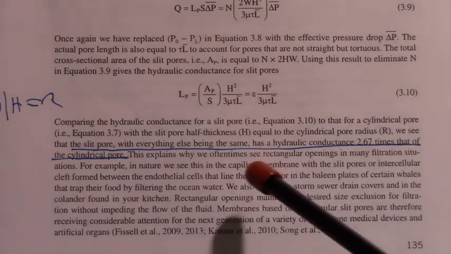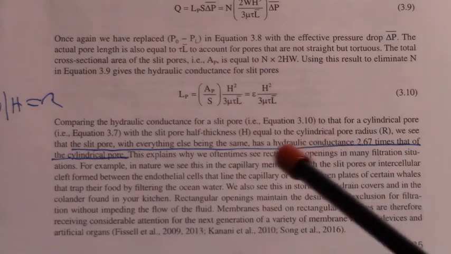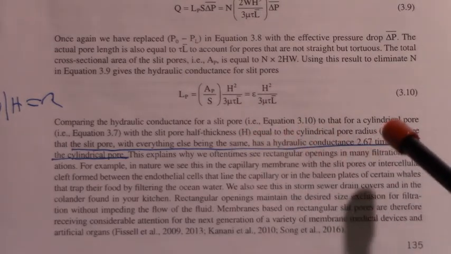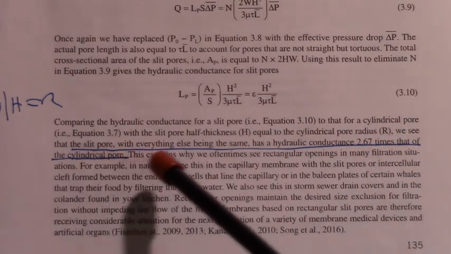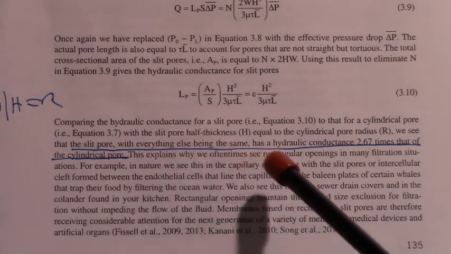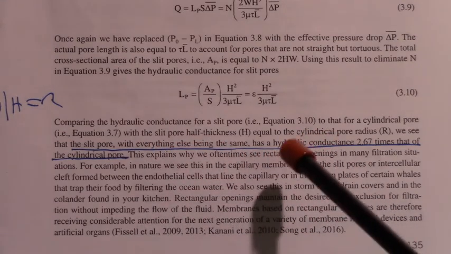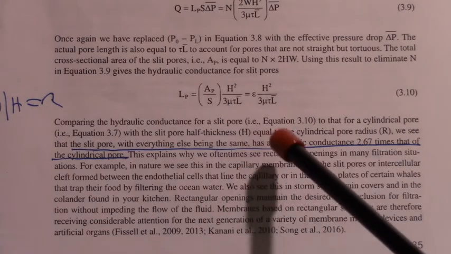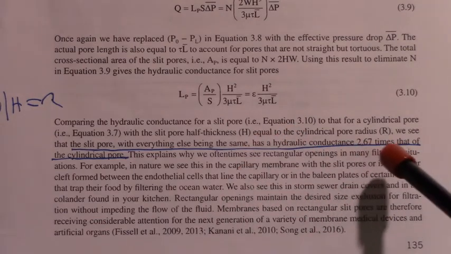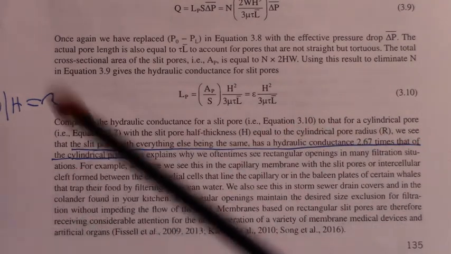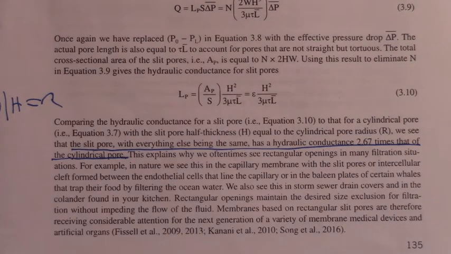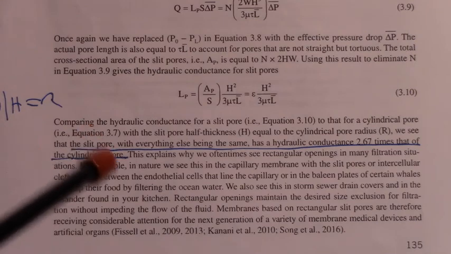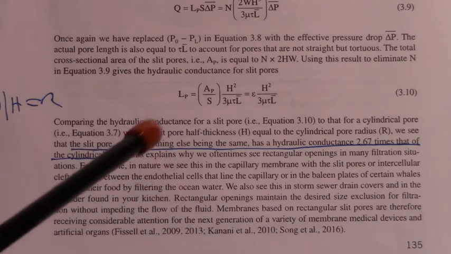And then if you had everything else the same, pressure drops and everything, and you set up the problem, you would find that the rectangular pore has a hydraulic conductance 2.67 times that of the cylindrical pore. So it's kind of interesting from the physics of this problem that the rectangular pores have a much higher hydraulic conductance, which would give you a higher filtration flow.